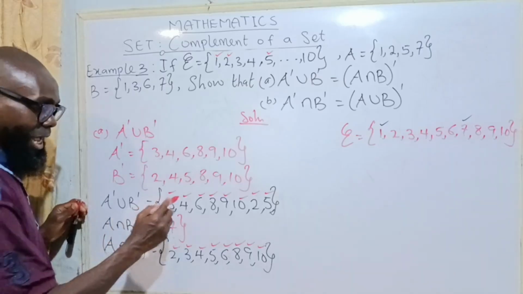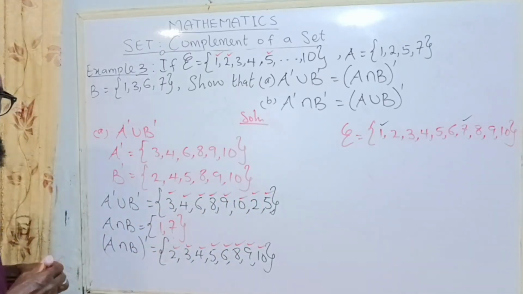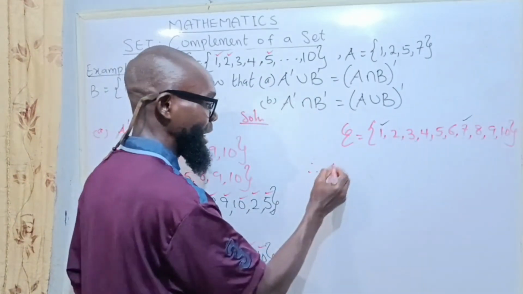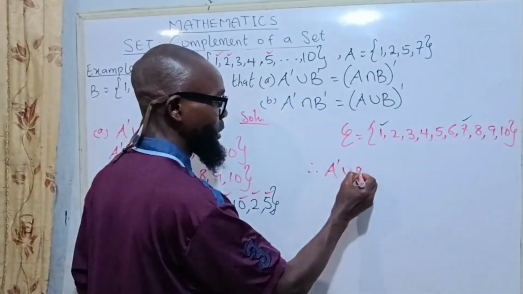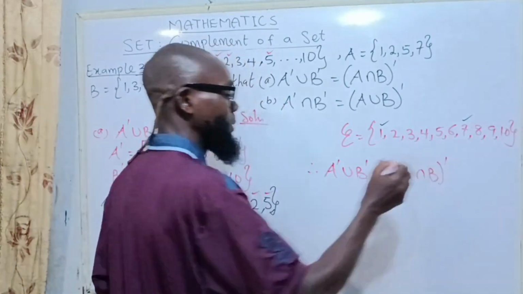You can see I have marked everything. It means they are all equal. Therefore, A complement union B complement is equal to open bracket A intersection B complement.